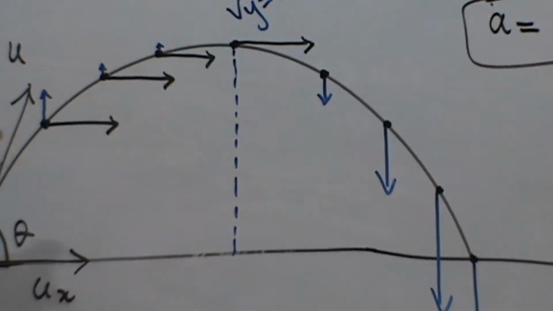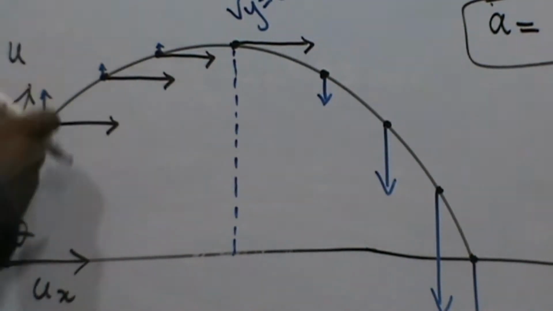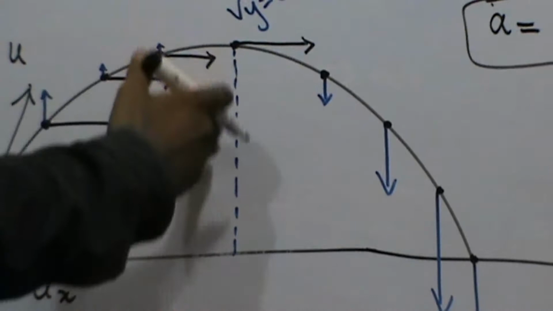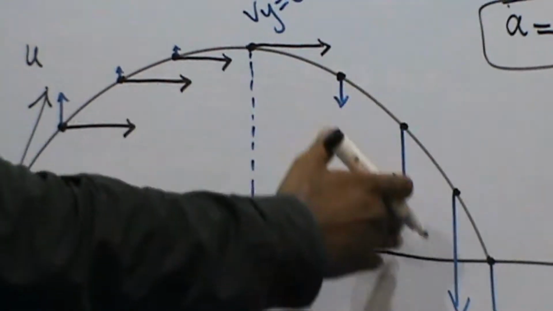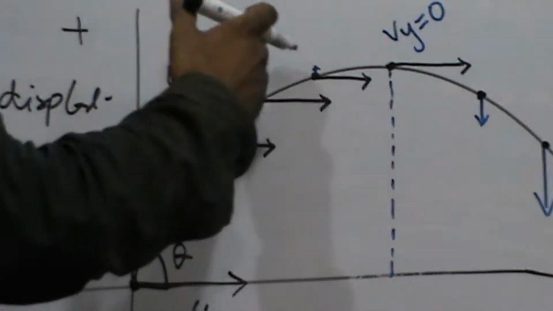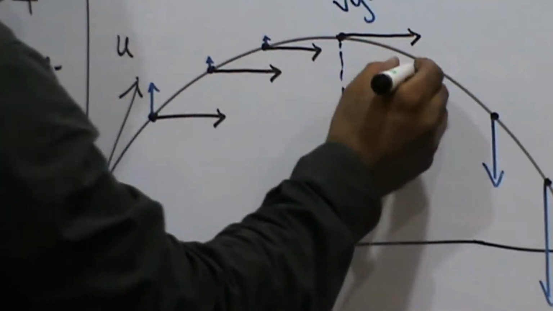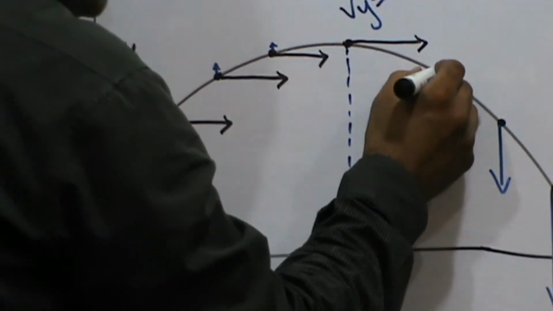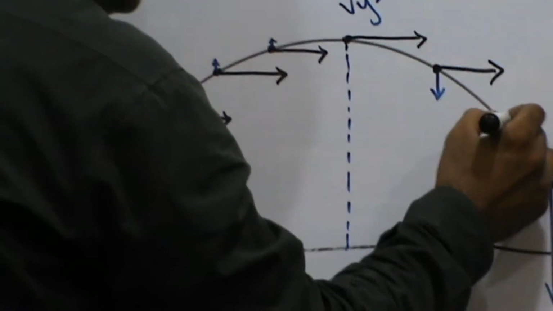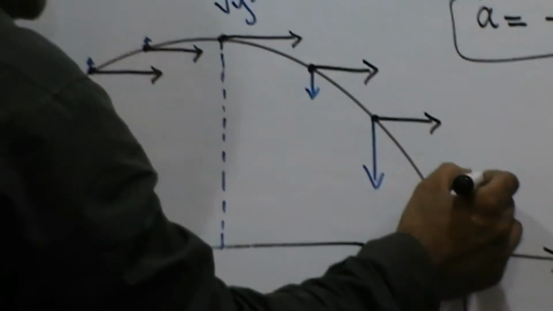There is no force along the x-axis. Only the force acts on the vertical component, that is the gravitational field strength experienced by the object in the y-axis. There is no acceleration along the x-axis. There is zero acceleration. That's why the velocity will be constant.